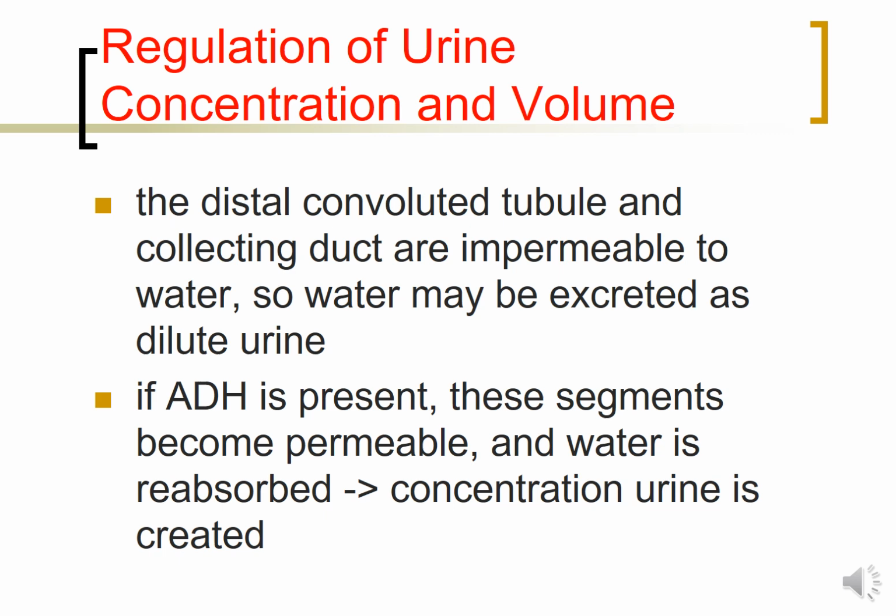If you have a lot of water to drink, or a lot of liquids, you're going to urinate more frequently, and the urine produced is going to be less concentrated. So the kidneys act to regulate urine concentration and volume. The way this is done is the distal convoluted tubule and collecting ducts typically are impermeable to water.